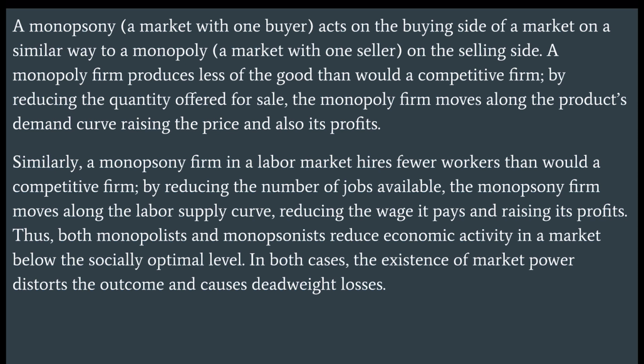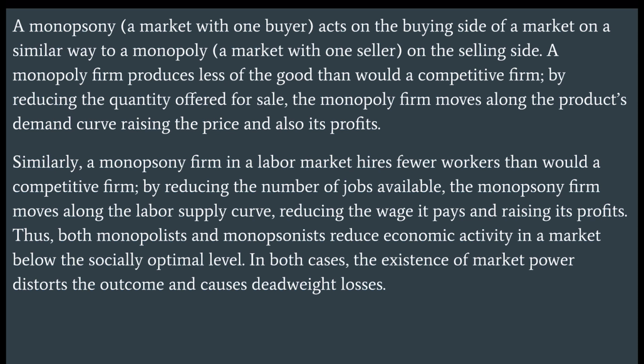A monopsony, a market with one buyer, acts on the buying side of a market in a similar way to a monopoly, a market with one seller, on the selling side. A monopoly firm produces less of the good than would a competitive firm. By reducing the quantity offered for sale, the monopoly firm moves along the product's demand curve, raising the price and also its profits. Similarly, a monopsony firm in a labor market hires fewer workers than would a competitive firm.